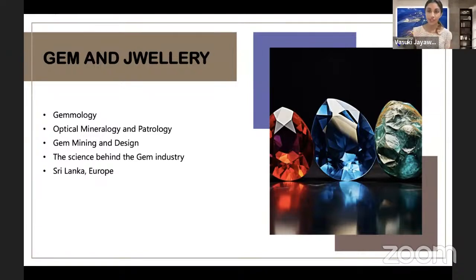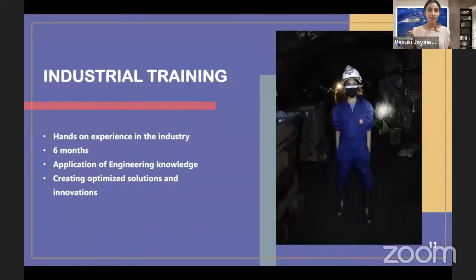So in Europe, even in Sri Lanka, the industry is evolving in a completely different way, and the Sri Lankan gem industry is bringing a lot of US dollars to Sri Lanka. And here, by doing this minor, you are opening up to those industries, and you can also become an entrepreneur yourself by doing the gem and jewelry minor.